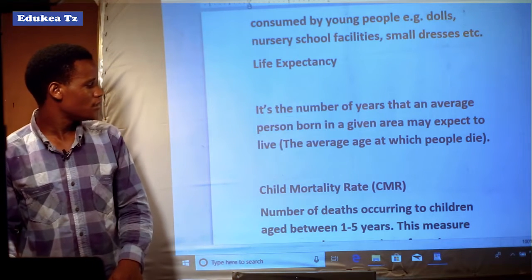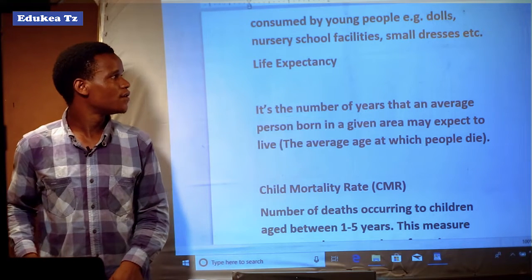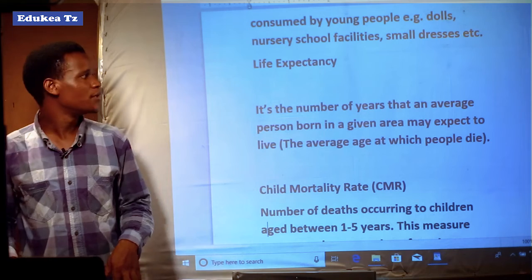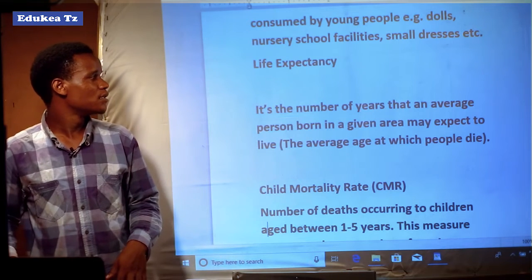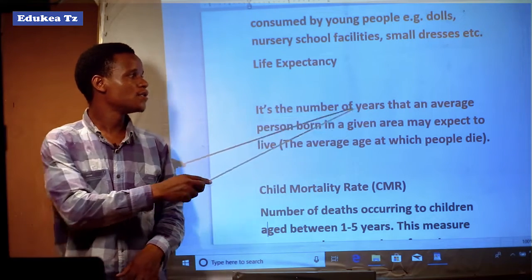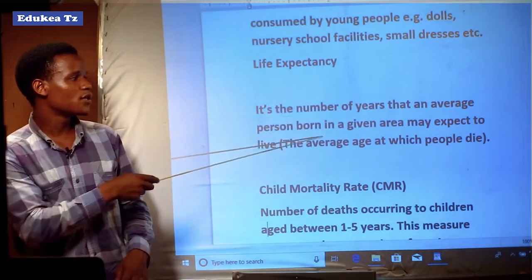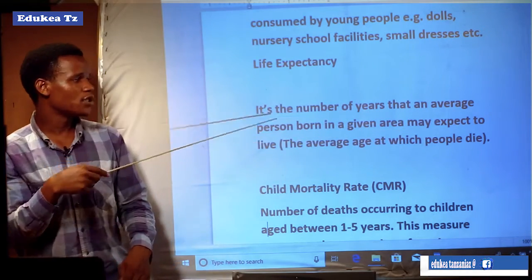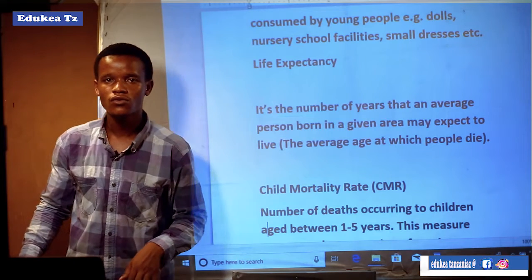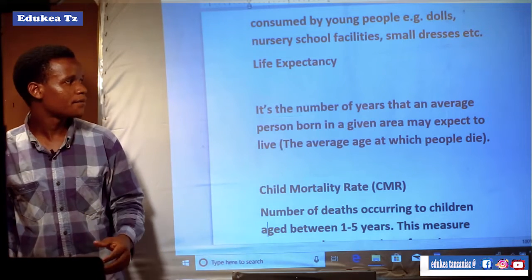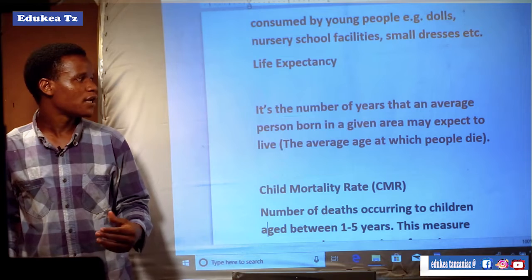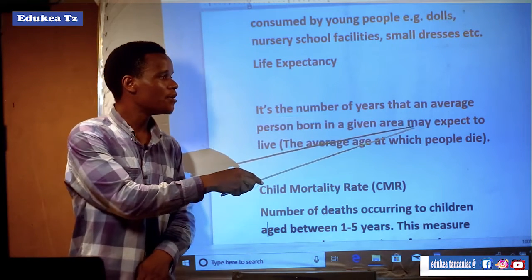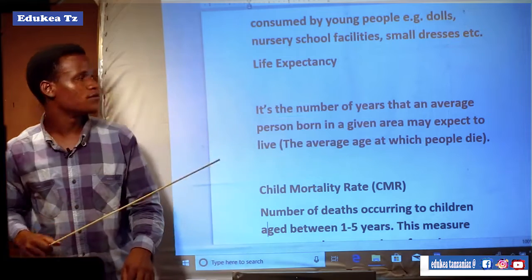Okay, let us now see life expectancy as another terminology found in population. Life expectancy is the number of years that an average person born in a given area may expect to live.